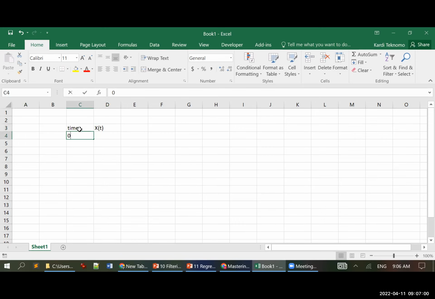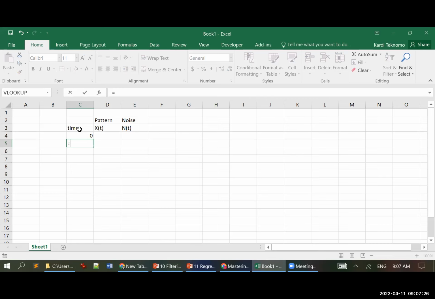I will start with 0. This is supposed to be my pattern, and this is my noise, so I will call this n of t.